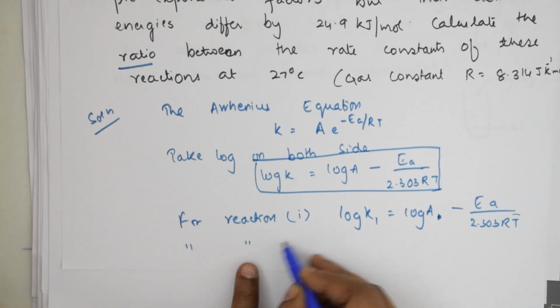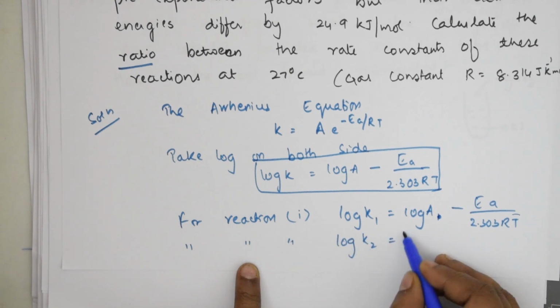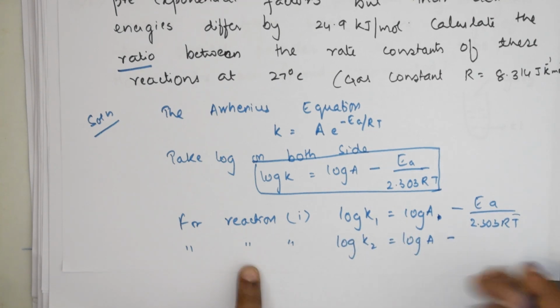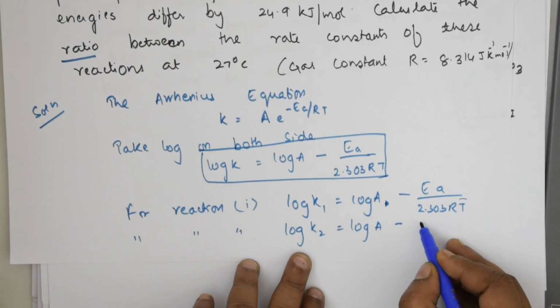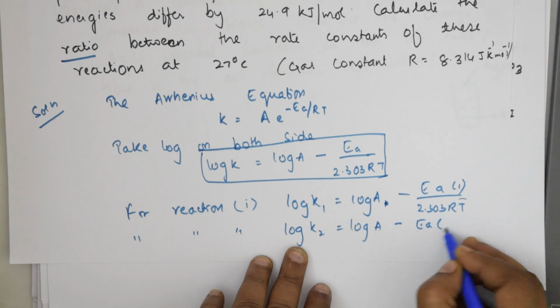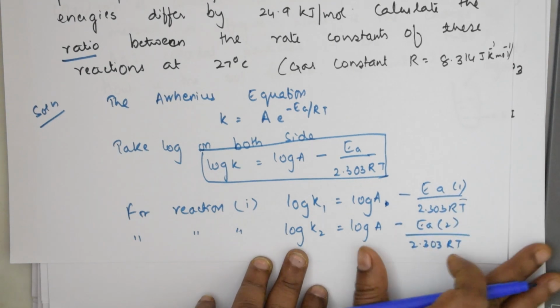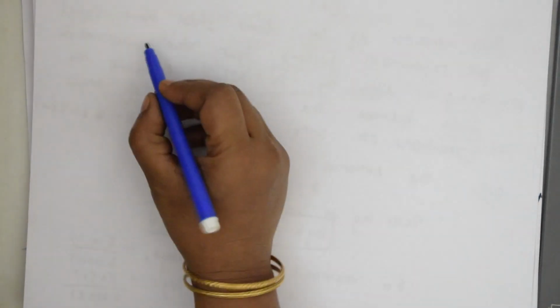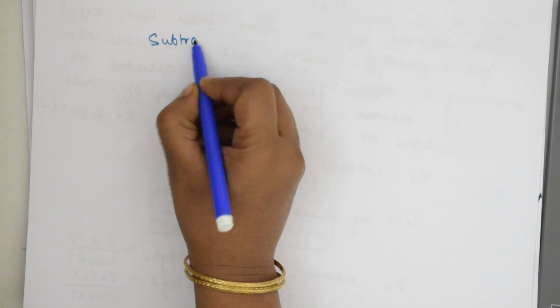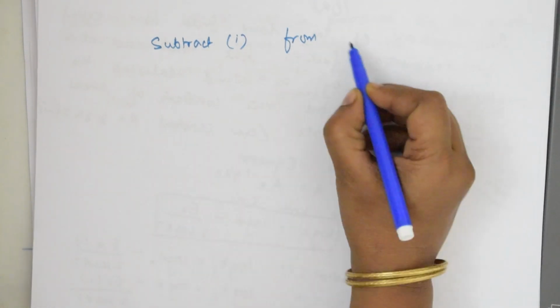For reaction 2, log K1 becomes log K2. This becomes log A only, minus this is Ea for the second one by 2.303 RT. Done. Now subtract equation 1 from 2.